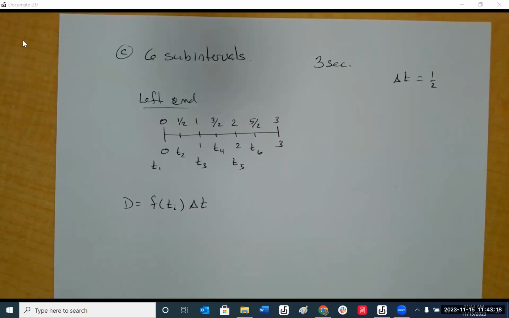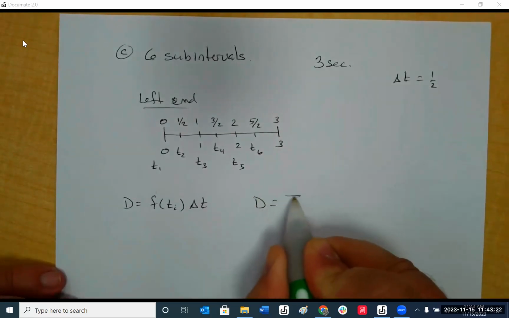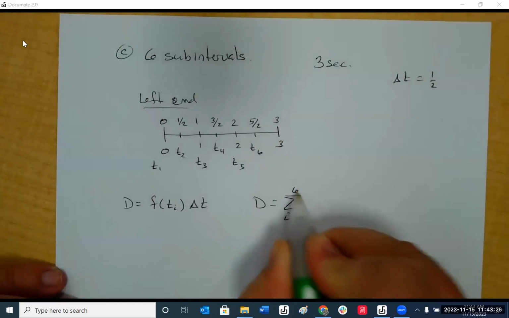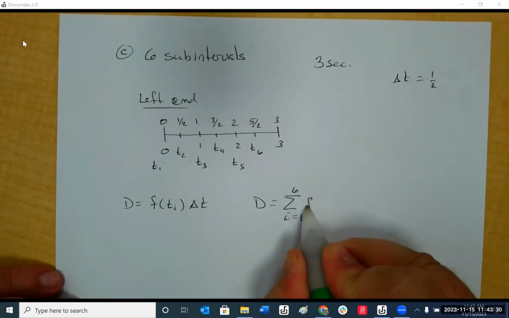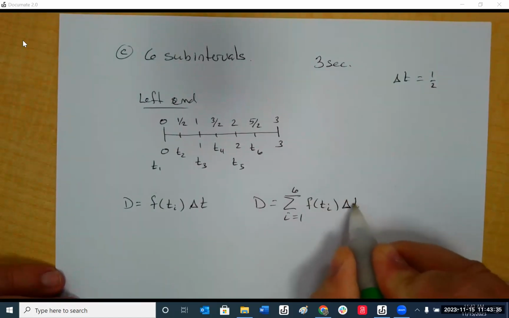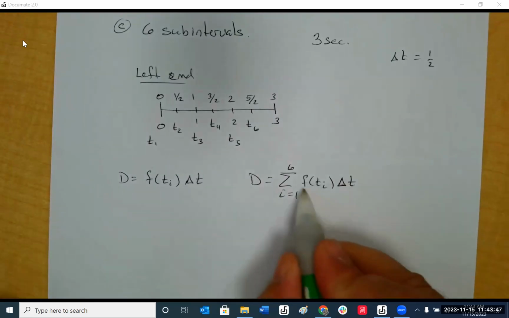Let me write the formula the way it would look if we were doing this. Since we're looking at i equals 1 to 6 subintervals, this is how we use the summation symbol. Because what does this mean?